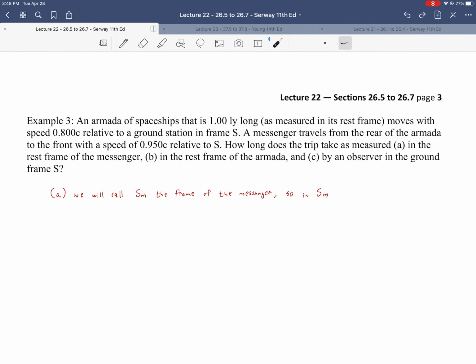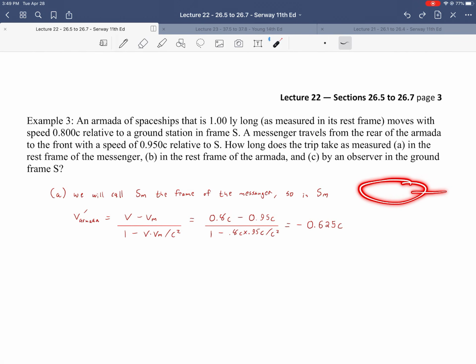So let's take a look at step 1. We will call SM the frame of the messenger. In SM, we want to find the velocity of the Armada. How fast is the Armada moving relative to the messenger? Because remember, the Armada is moving at 80% the speed of light relative to a planet at rest. But that's not how fast the Armada would be moving relative to the messenger, because the messenger is traveling from the rear to the front.